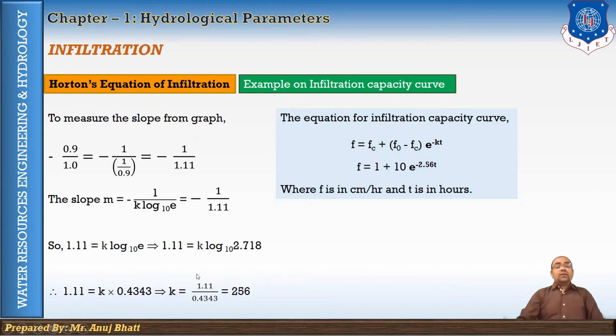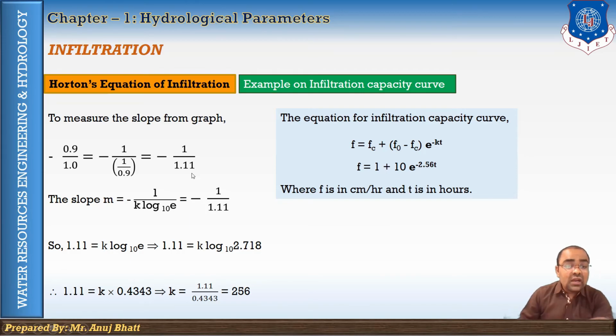Next, to measure the slope from the graph: from the available values, if we plot a graph, we can find the slope, which is about minus 0.9 upon 1. With this we have the value as minus 1 upon 1.11.